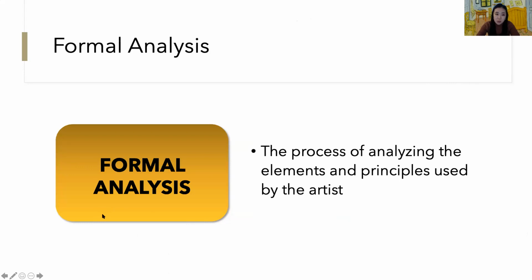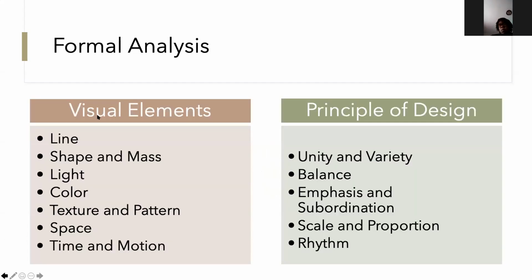So today we're gonna learn 4 types of analysis when you see a work of art. So this is a formal analysis. This is a method to analyze a work of art based on these visual elements and principles of design.